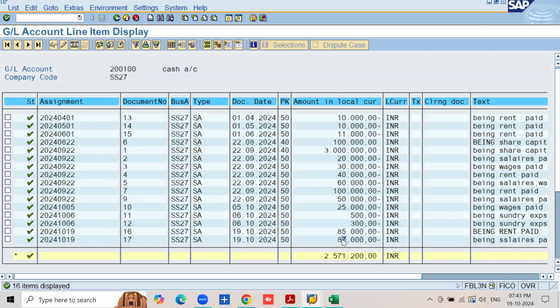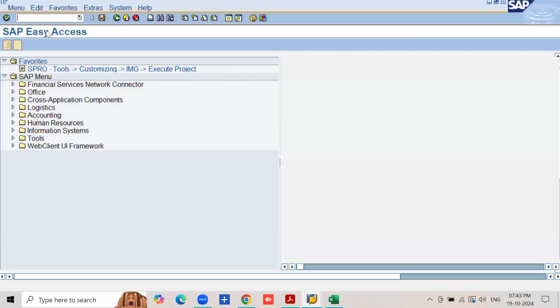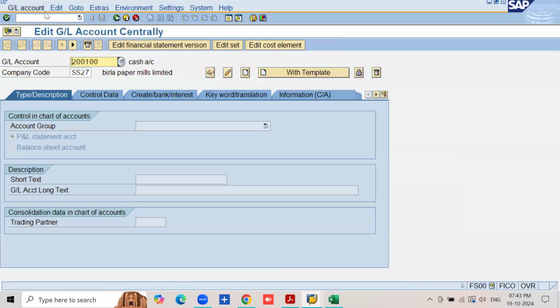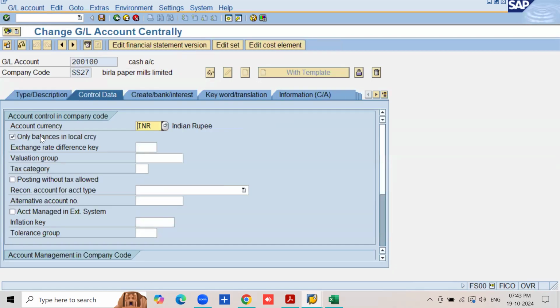How? See, we have defined the cash account, right? FS00. In the cash account, we have selected only balances in local currency. So when you post the foreign currency transactions, the system will convert that foreign currency transaction into company code local currency when you select this, only balances in local currency.